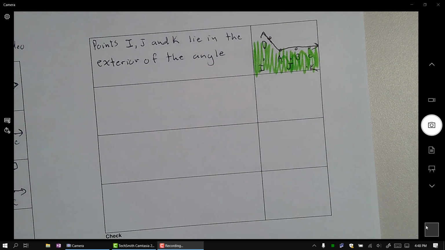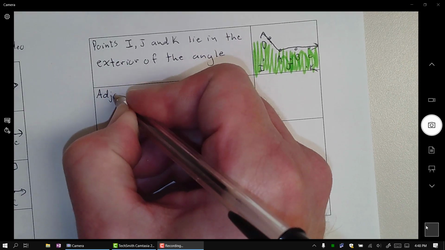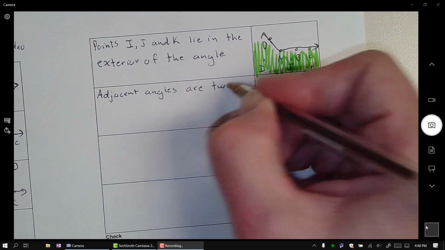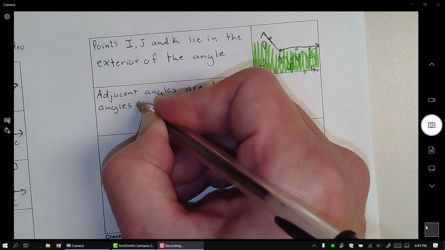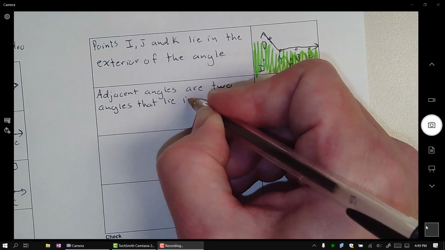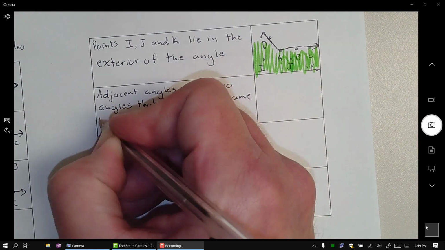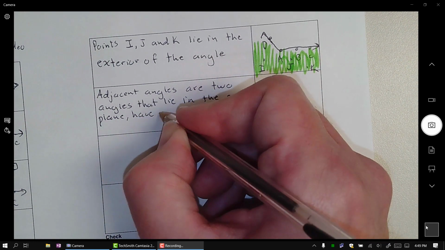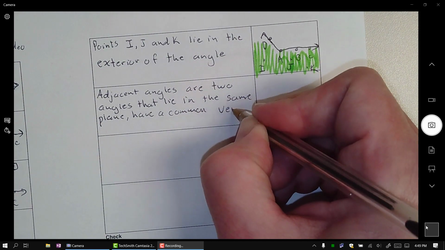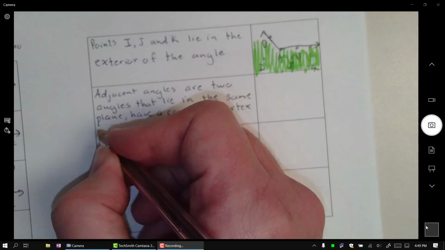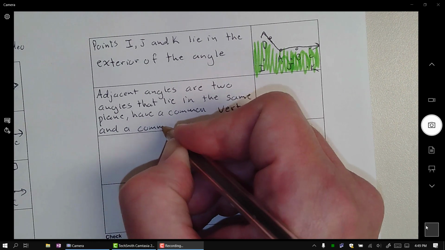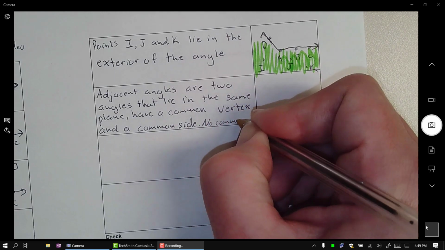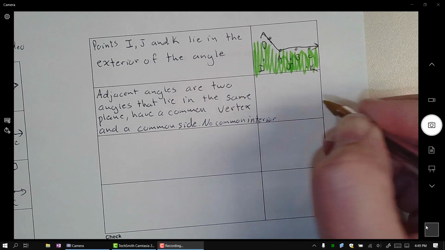We also have some special angle pairs. So we have adjacent angles. Adjacent angles are two angles that lie in the same plane, have a common vertex and a common side, and no common interior points.